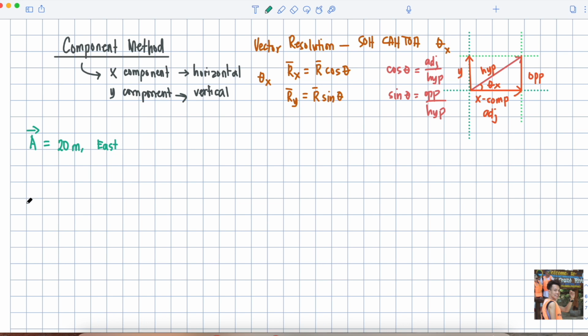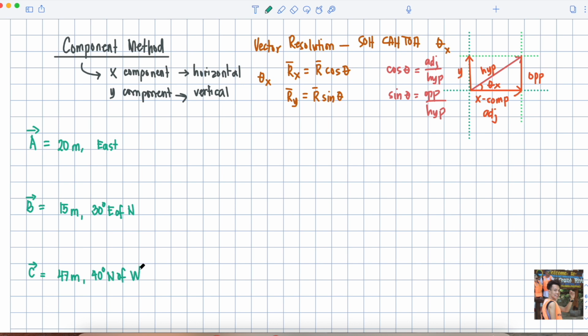We also have vector B, which has a magnitude of 15 meters and its direction is 30 degrees east of north. While we have vector C, 47 meters. Direction is 40 degrees north of west.